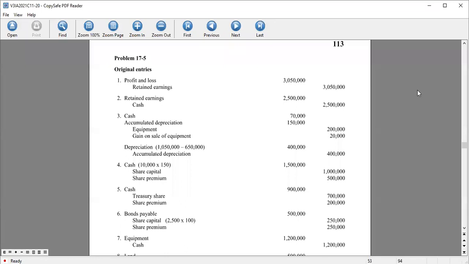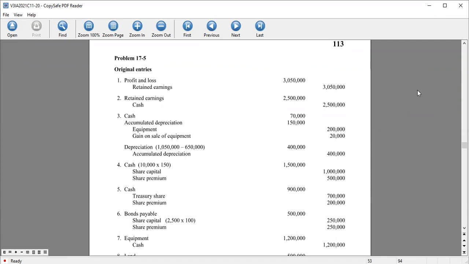For number 1, debit to profit and loss for the amount of 3,050,000. That's your net income. And credit to retained earnings. Second entry, debit to retained earnings and credit to cash for the cash dividends paid. Then number 3, debit to cash, debit accumulated depreciation, credit to equipment, and credit gain on sale of equipment.